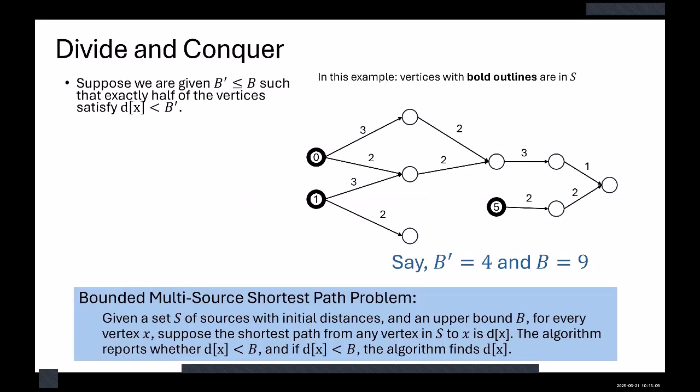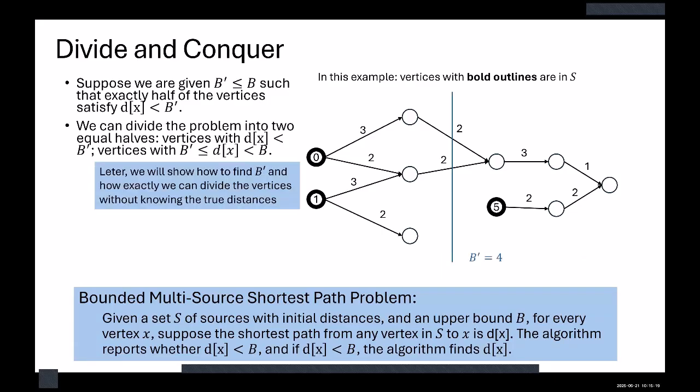I'll give a very simplified version of how it works. Suppose we're given a B prime, which is essentially an oracle that can divide the vertices into 2 equal halves. Let's say B prime equals 4. This will divide the problem into 5 vertices with distance less than B prime and 5 vertices with distance greater than or equal to B prime.